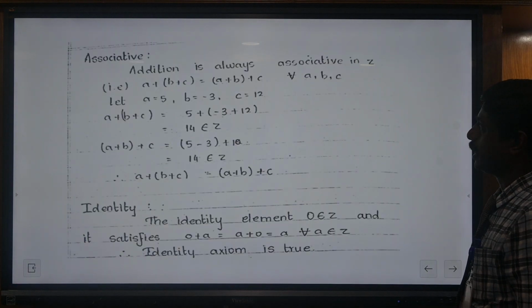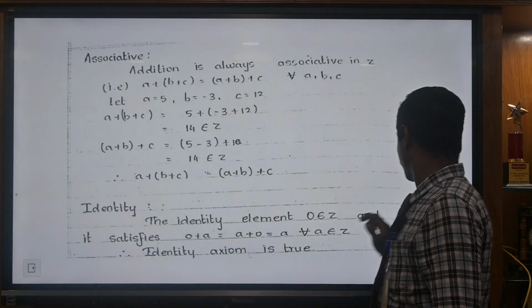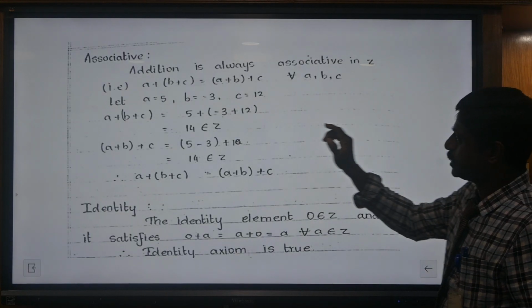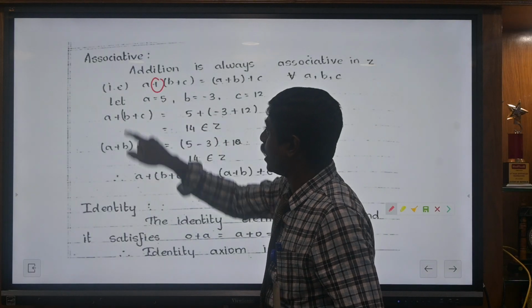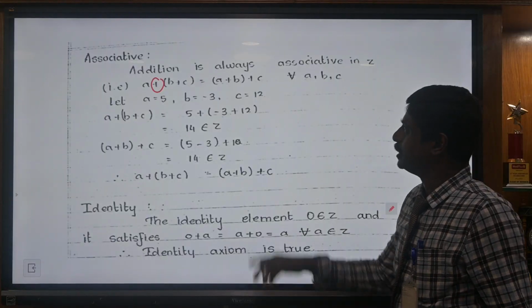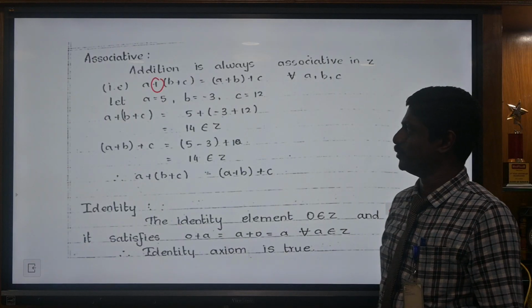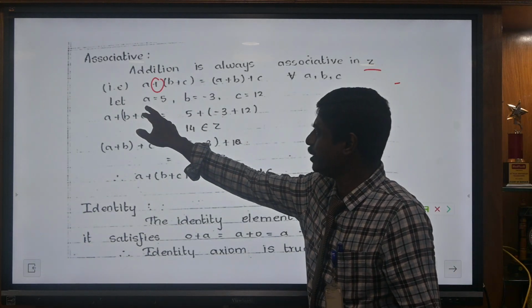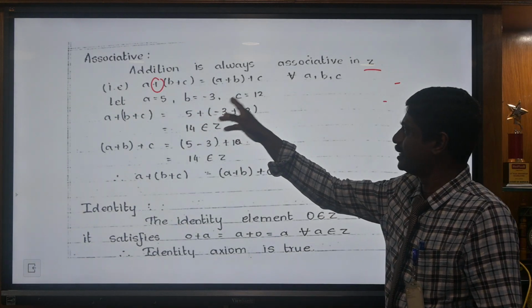Next, the associative law. As we saw in the definition, the operation star here is plus, because the question is given with plus. Addition is always associative, no need to check; addition is always associative in Z. Anyway, as an example I consider A equals 5, B equals minus 10, C equals 2.